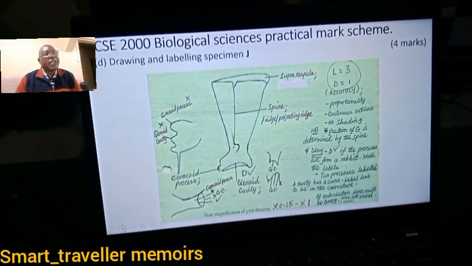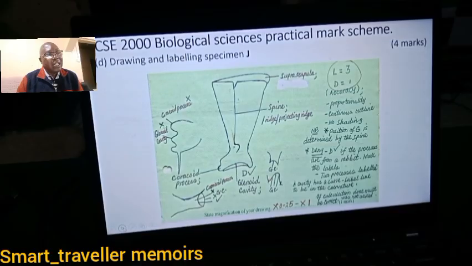So the labeling is from the top: suprascapular spine, or ridge or projecting ridge, glenoid cavity, and coracoid process. The drawing mark is put near the rabbit or below there at the glenoid cavity.